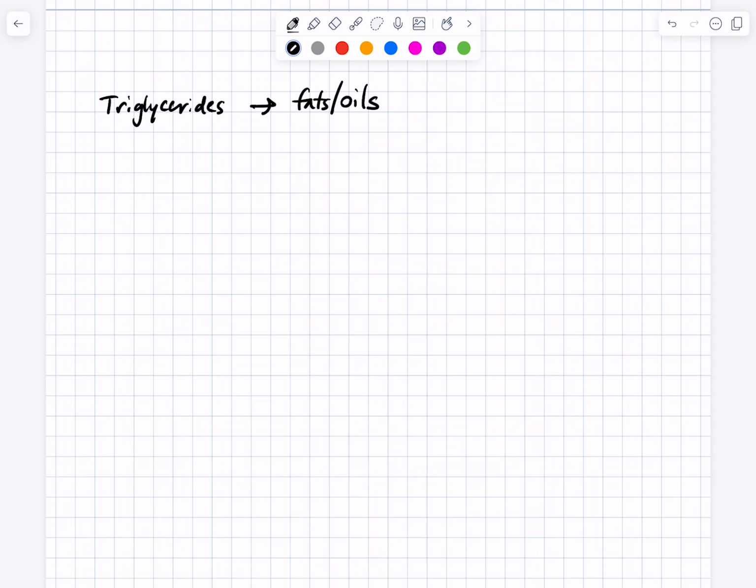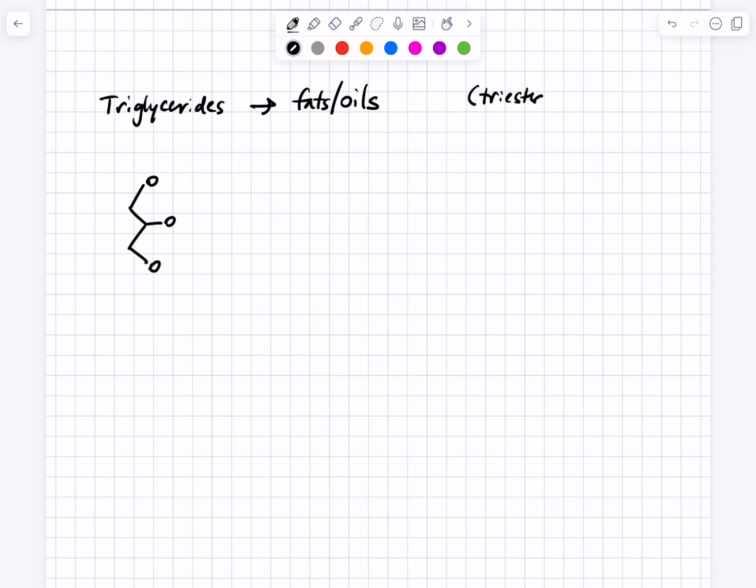Okay. So a triglyceride is a triester. It's got an alcohol portion with 3 carbons and 3 oxygens, one attached to each of those carbons.